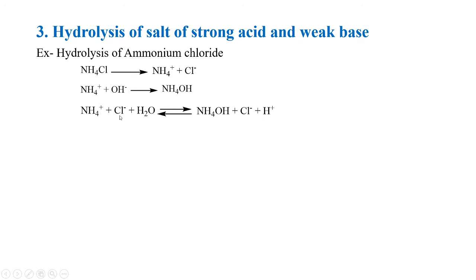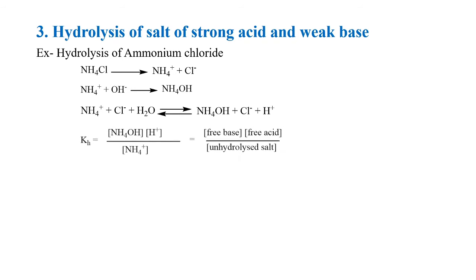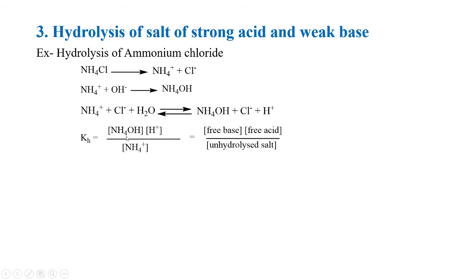Now by cancelling the common ions on both sides and by taking the water molecule concentration as constant, we'll get the hydrolysis constant of salt Kh equal to product divided by reactants, NH4OH into H+ upon NH4+.